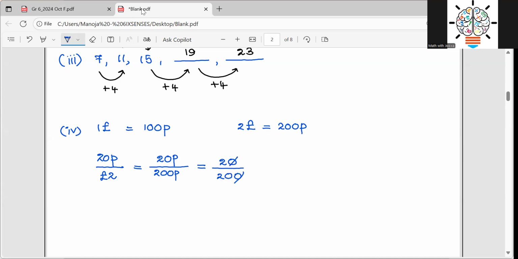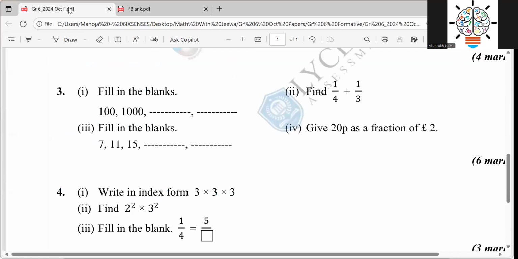So then we can simplify this. So then we have 2 over 10. And then I can simplify this further. I divide both the numerator and the denominator by 2. It gives me 1 over 10. What was the question? Give 20p as a fraction of 2 pounds.